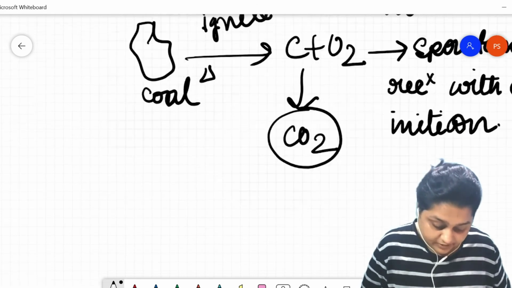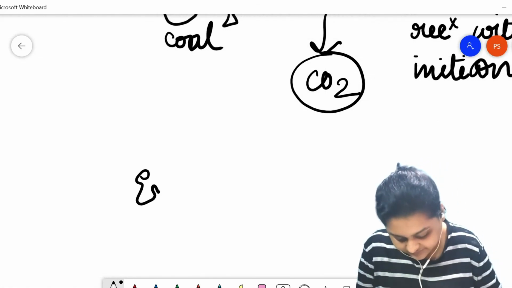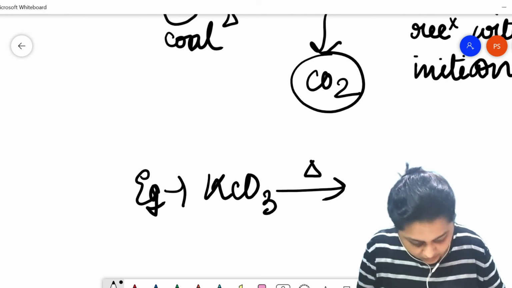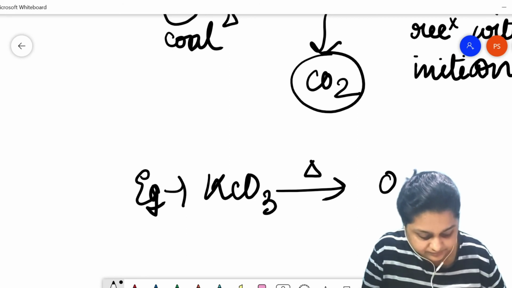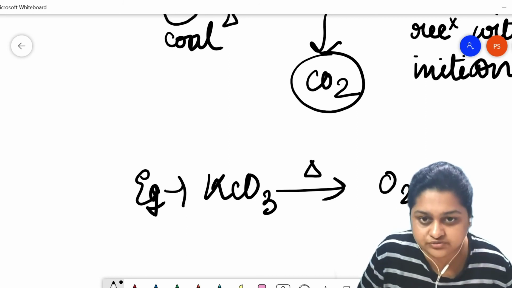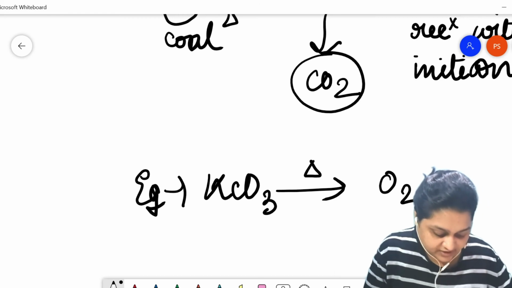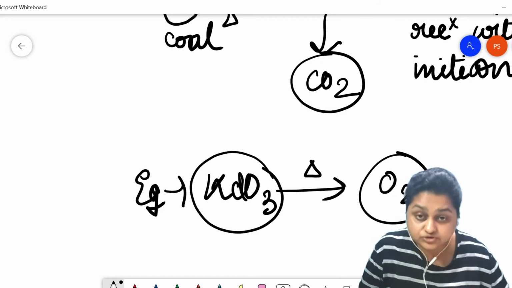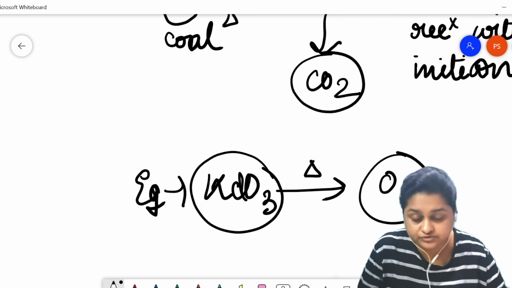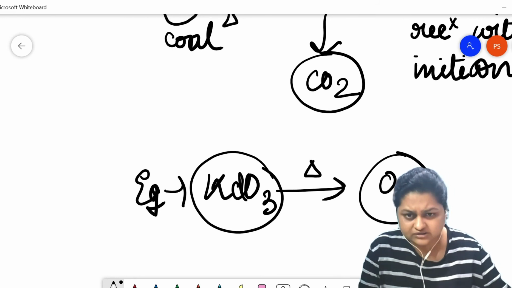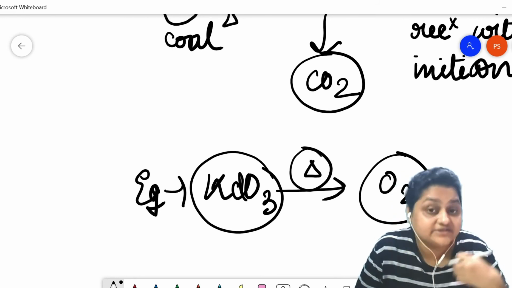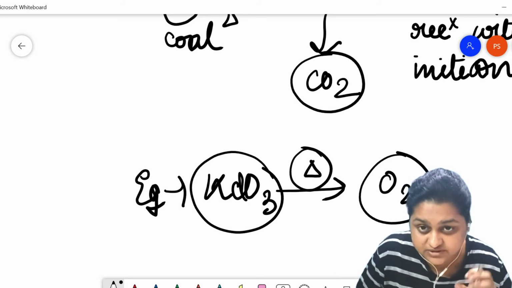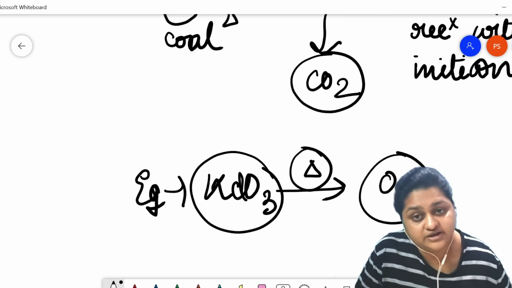Let's see an example of a non-spontaneous reaction. We know that if KClO3 is heated, oxygen gas is produced. MnO2 may also be used as a catalyst in this reaction. In the decomposition of KClO3 to oxygen and other products, heat is the external factor helping the reaction. If we stop the heating, the reaction will stop.